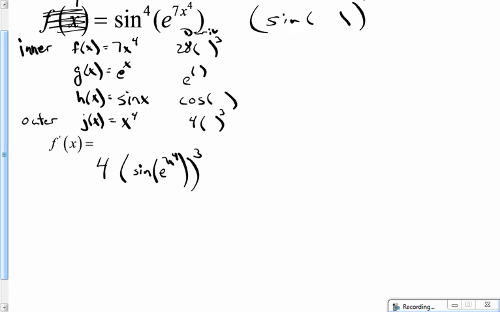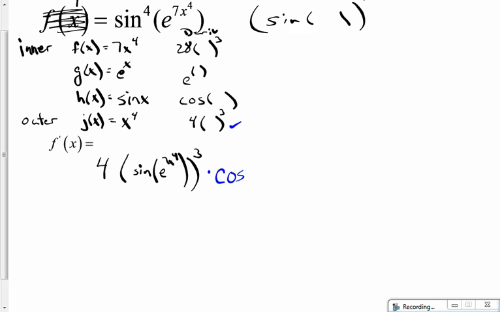Good so far? Now I need to start differentiating the inside. Oh boy. What's next? What's the next outermost function? I took care of j. Done. Yay. Next is the sine, so I'm going to write cos, right?